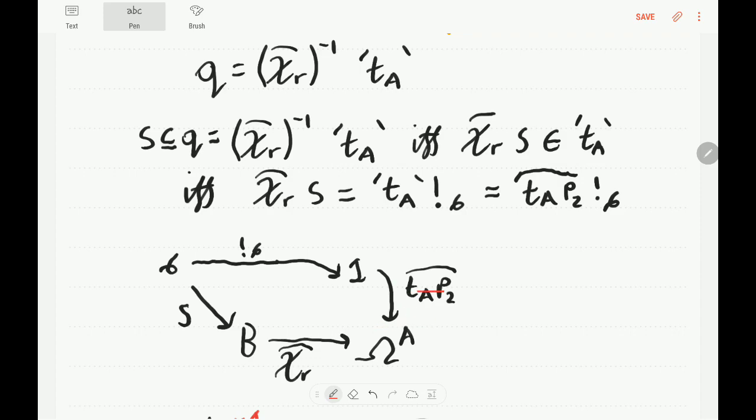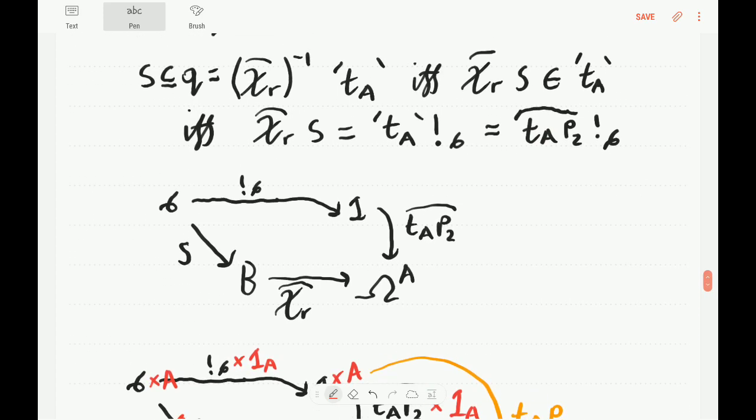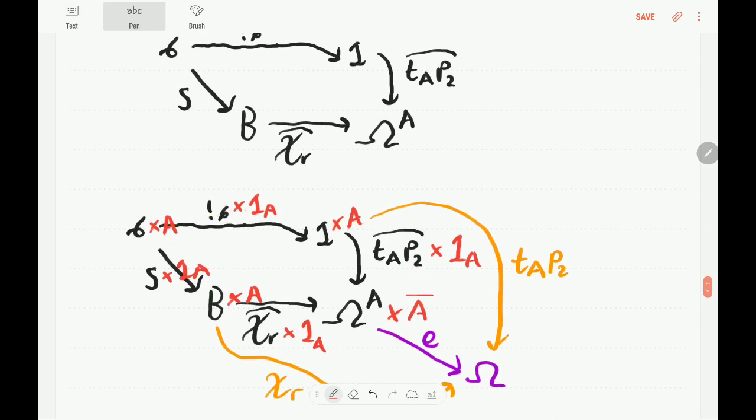But what we want to do now is get rid of these transposes. So we use a trick which corresponds to exercise 6.2 in Colin McClarty's book. Now, it's probably easier to go for it algebraically, but I want to really understand everything that's going on. So let's go through it diagrammatically. So we take this diagram here and we times everything by A. And I've got this stuff in red and black here, and it still commutes, okay?